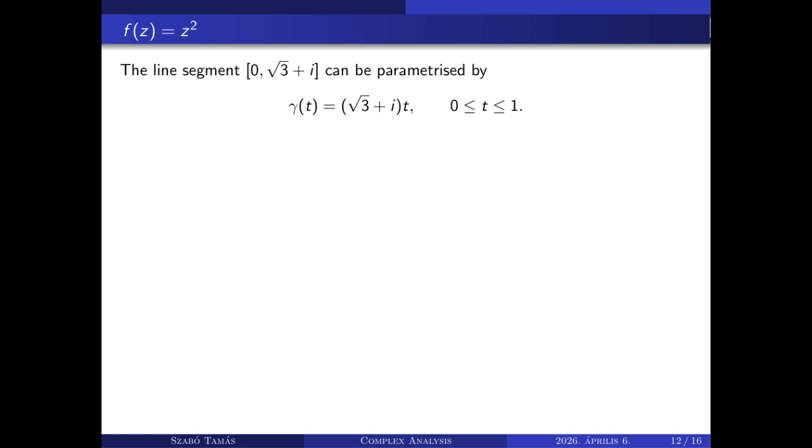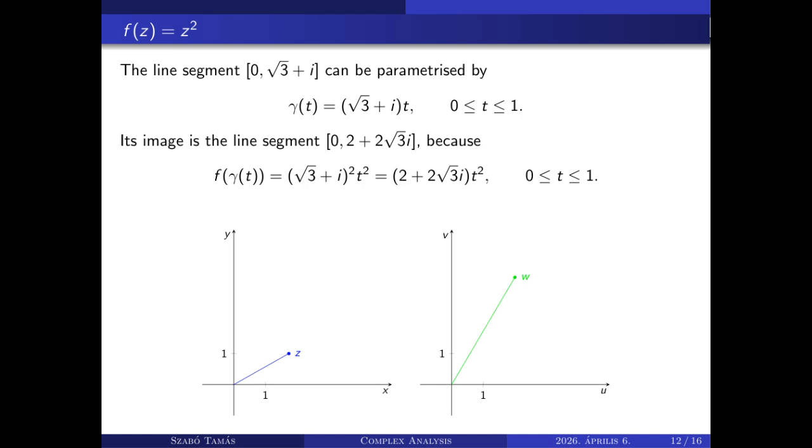Its image is the line segment from 0 to 2 + 2√3 i, because f(γ(t)) = (√3 + i)² t², which is (2 + 2√3 i) t². Again, for 0 ≤ t ≤ 1.